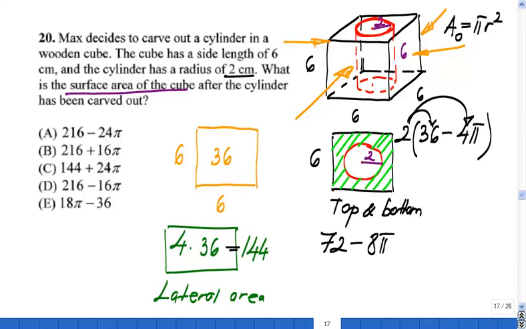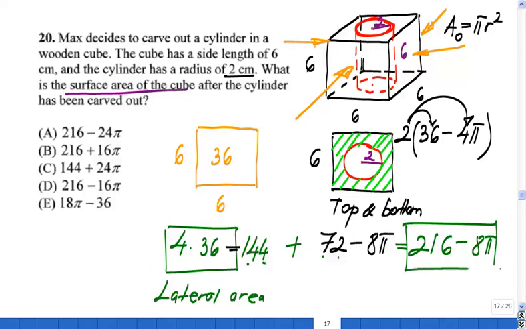And all you have to do next is to add those up, right? 144 plus 72 minus 8 pi, and this will give you top and bottom and the sides. Which makes what? 72 plus 144, 2 plus 4 is 6, 7 plus 4 is 11, 216 minus 8 pi.